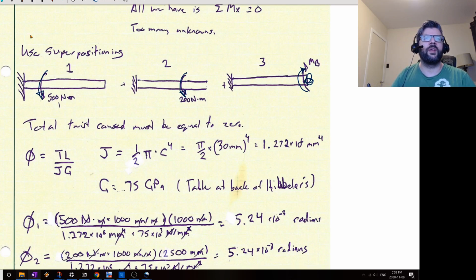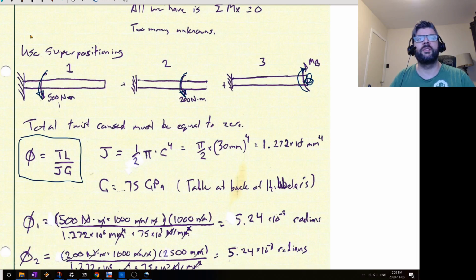So the total, basically we know what sort of twist happens when we apply torque over a length. I'd like to emphasize here that the twist only occurs over the length where there is some sort of internal torque load.